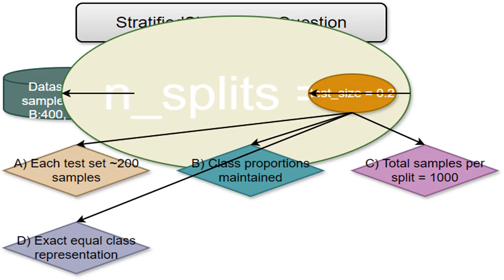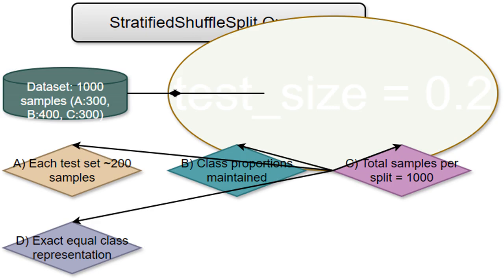I'm setting n_splits to 2, meaning I want the algorithm to create 2 separate training and testing sets. I'm setting test_size to 0.2, which means each testing set will consist of 20% of the total dataset, or 200 samples, 20% of 1,000.